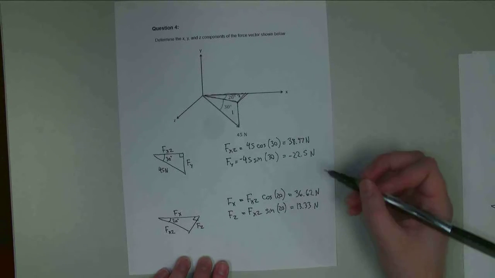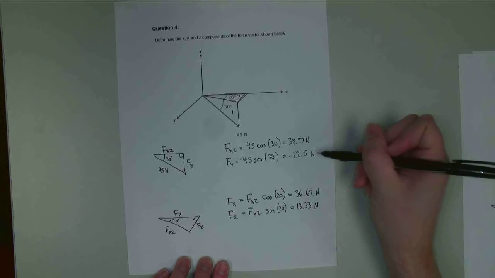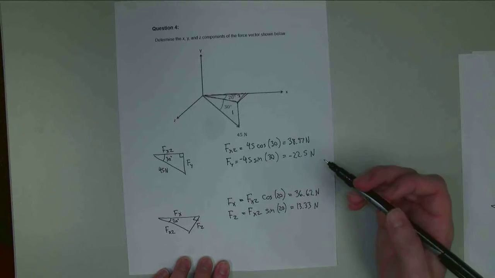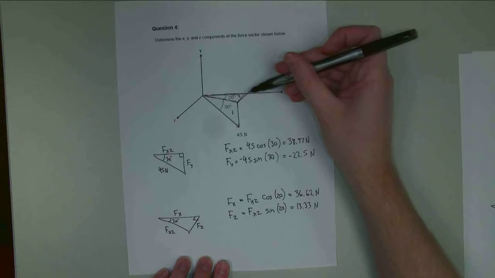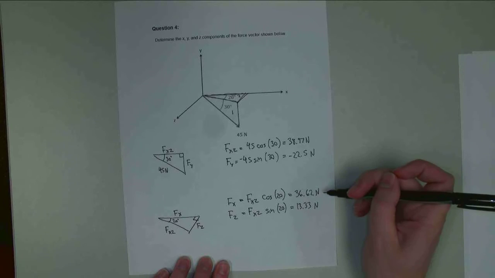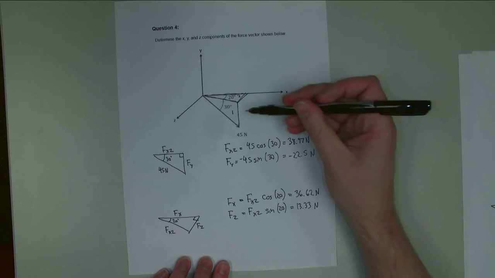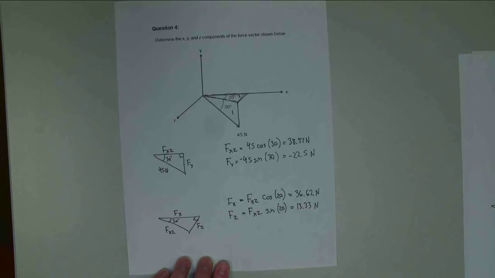Alright, so now I have my x, my y, and my z components of this vector. I just want to double check the signs are right. For Fx, I should be going in the positive x direction, that's right. I'm going in the positive z direction, that's right. And I'm going in the negative y direction, so that's right as well.